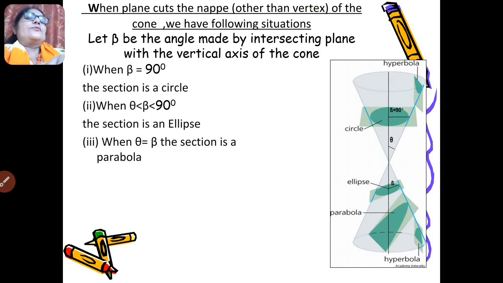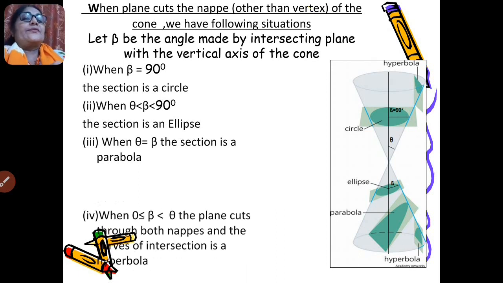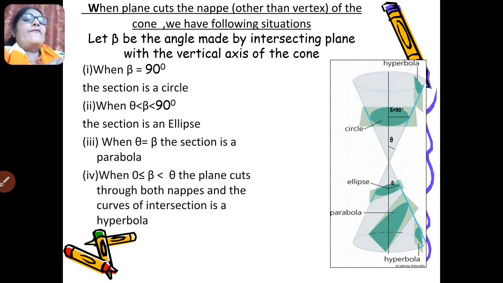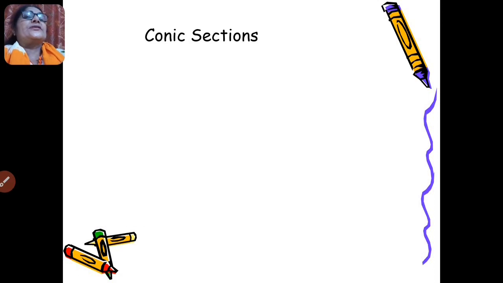Now, third condition, when theta is equal to beta, the section is a parabola. Theta equal to beta means the plane cuts parallel to the generator. So, the section is a parabola. Fourth, when beta is greater than or equal to 0 but less than theta, the plane cuts through both the naps and the curve of intersection is a hyperbola, and a hyperbola has two branches.